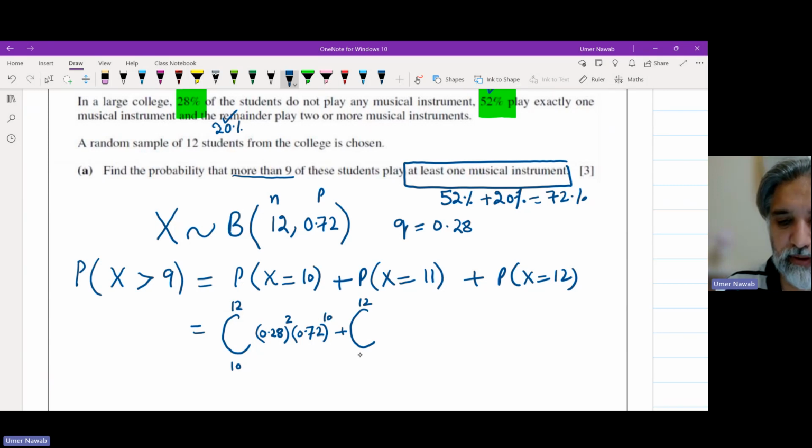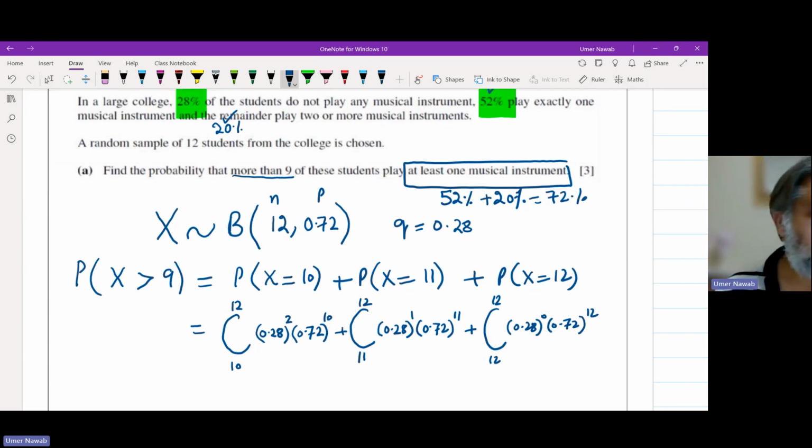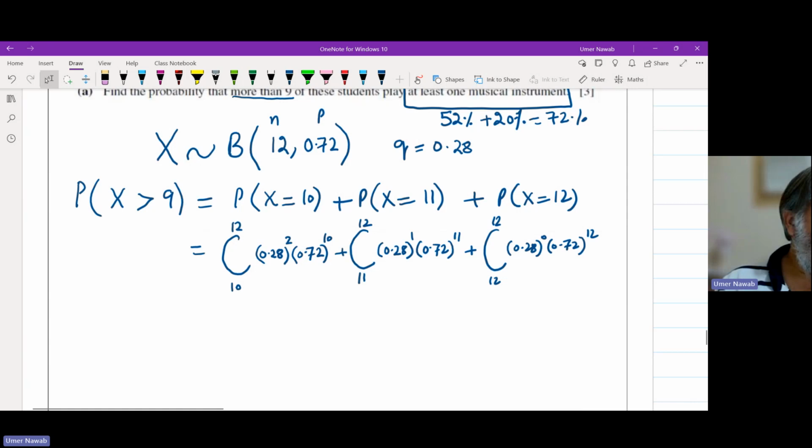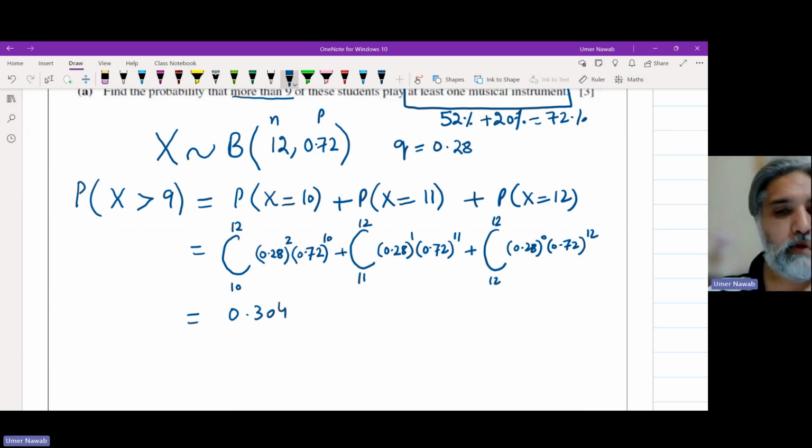Out of 12, I'm gonna pick 11. 0.28 raised to the power 12 minus 11 is 1, and 0.72 raised by 11, plus 12C12, 0.28 raised by 0, and 0.72 raised by 12. And it gives us 0.304, the final answer.